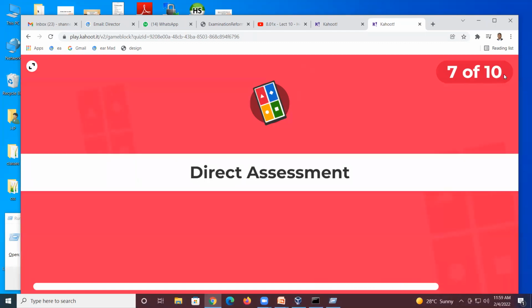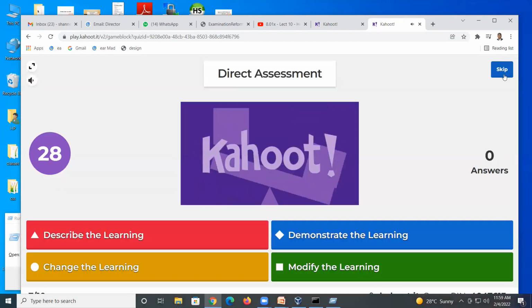Direct assessment. We have discussed two types of assessment: direct assessment and indirect assessment. So what exactly is direct? Whether it is describe, demonstrate, change or modify.